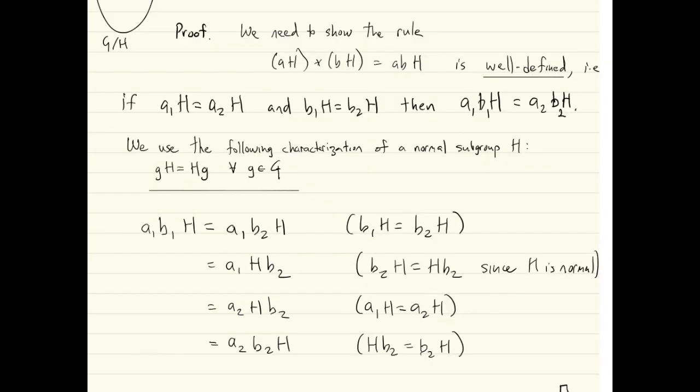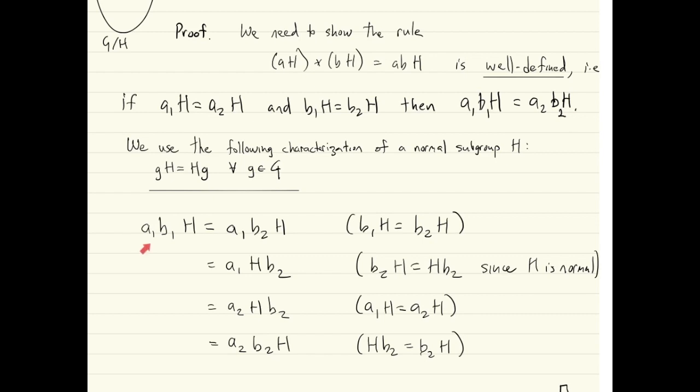The proof is actually quite simple if we use the following characterization of normal subgroup. It's the one that our book uses actually. It's that a subgroup H is normal if and only if gH equals Hg, this left coset equals this right coset, for all elements g of the group G. Okay, so using the fact that H is normal, what we want to show is A1B1H equals A2B2H.